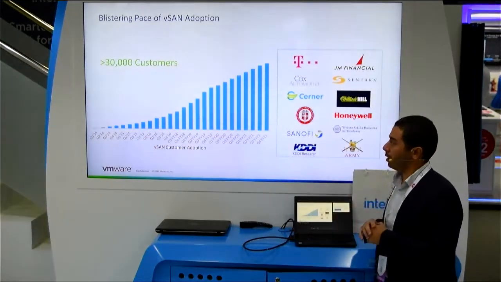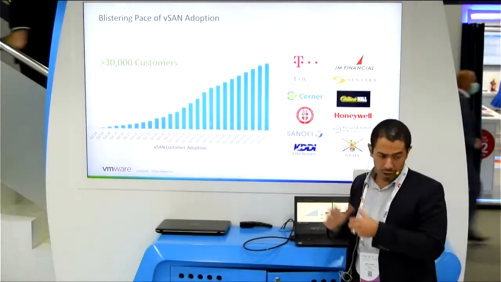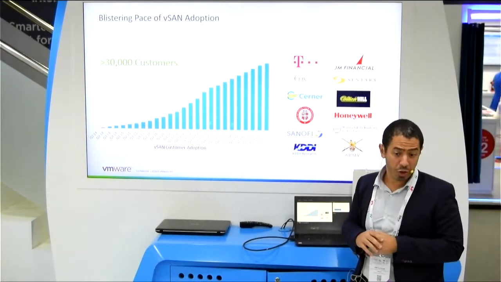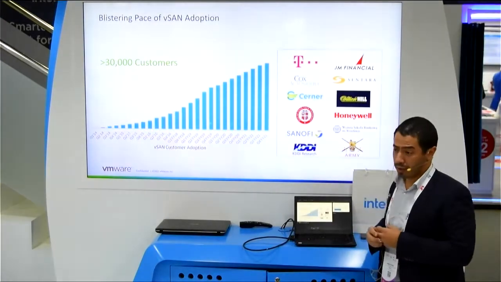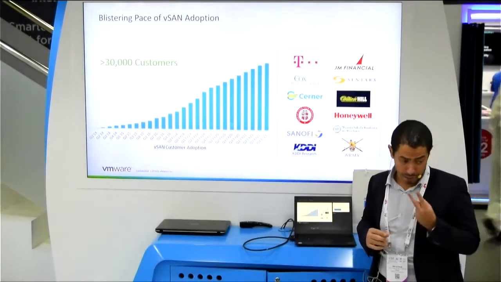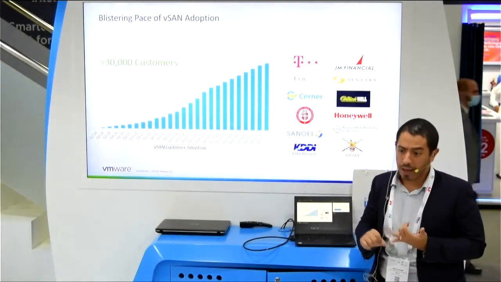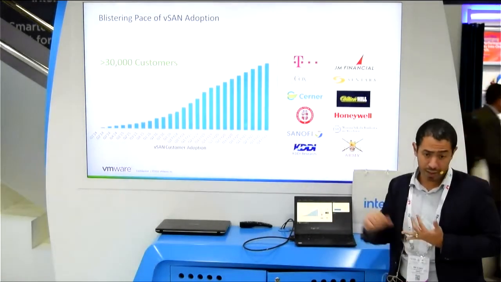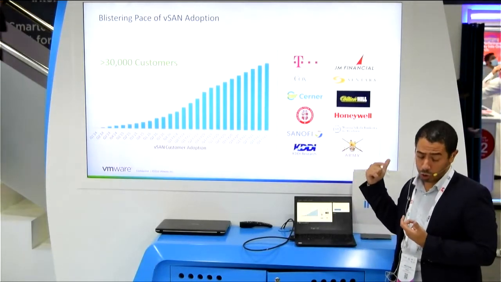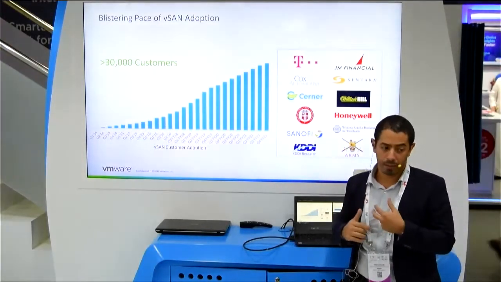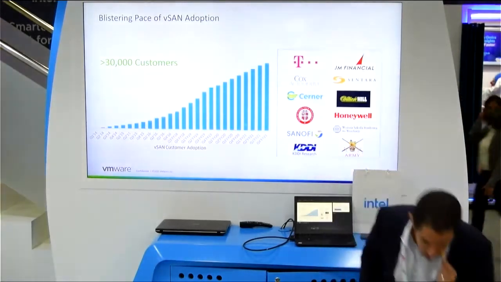Many of our references are enterprise customers, and they trust our product mainly because of two things. First is the resiliency you get with the product itself, and second is the performance. This is what I will show you in the coming slides, how we can provide the performance.